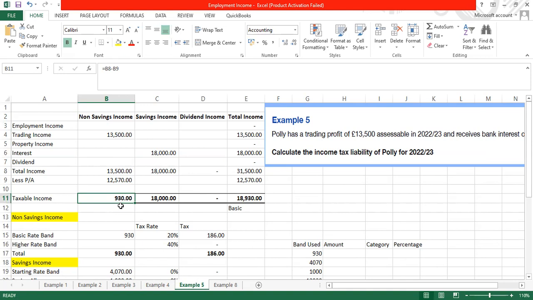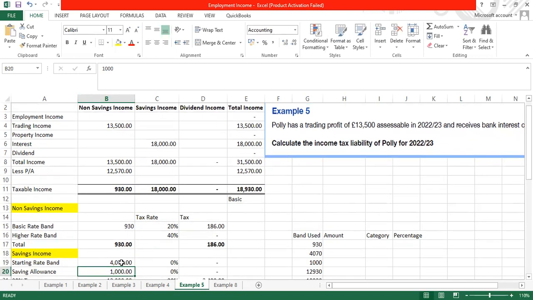So this 930 we need to tax at 20%, and when we come to this 18,000 pounds, this time 5,000, that is our starting rate band, minus this 930, so 4,070 is left. This 4,070 we need to apply 0% because it is the remaining starting rate band.